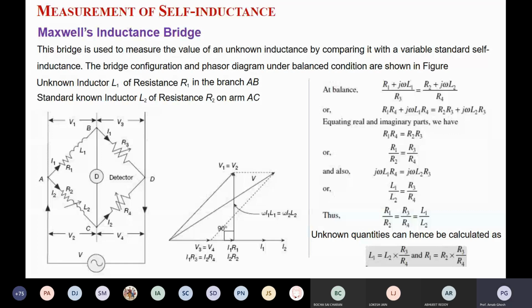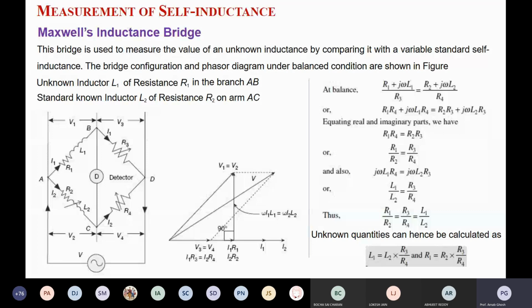We need to find out the values of Z1, Z2, Z3, and Z4. We have already discussed the measurement of self-inductance by using the Maxwell inductance bridge. In this case we are focused on finding the Z1 value.